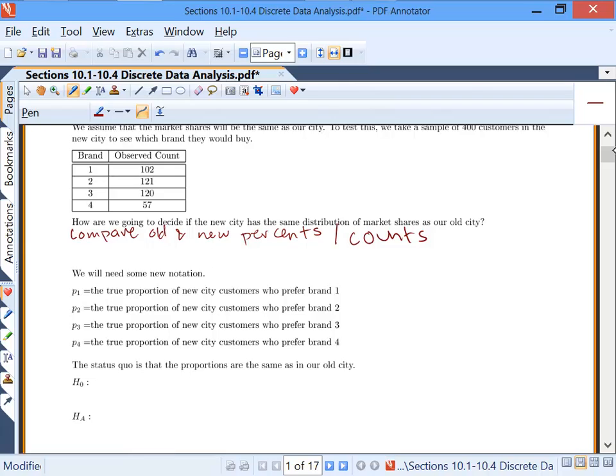Okay, so I'm using the notation, so we're going to call P1 the true proportion of new city customers who prefer brand 1, up to P4, the true proportion of new city customers who prefer brand 4. So our null hypothesis here, status quo, would be that they have the same distribution as last time.